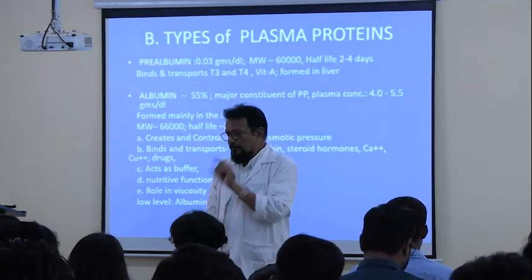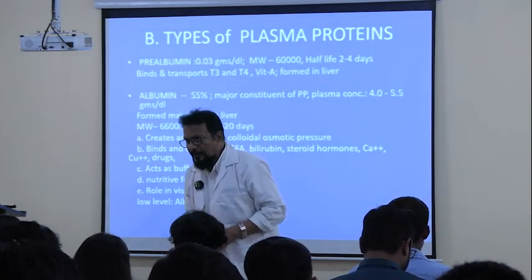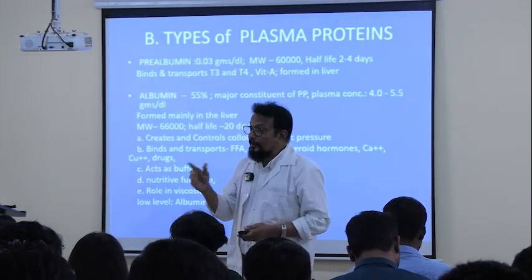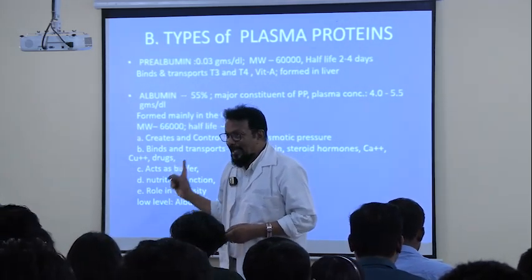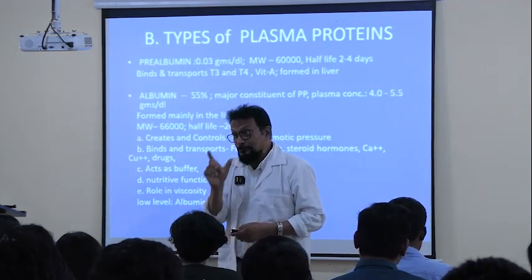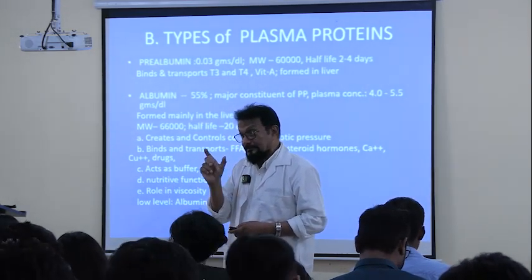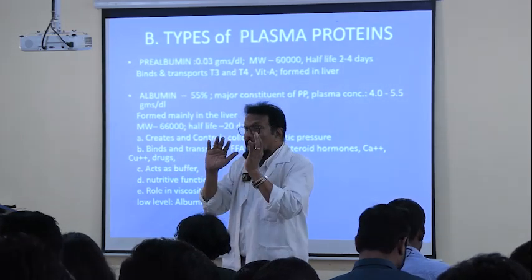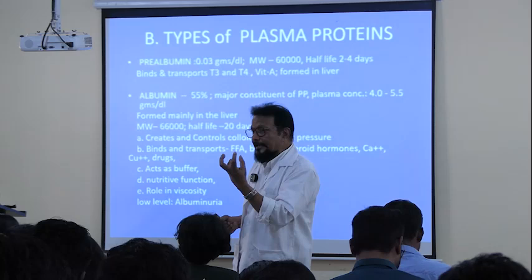The molecular weight of pre-albumin is 60, whereas the molecular weight of albumin is 66. Important: you have to know the molecular weight. It has importance. The higher the molecular weight, the larger the size of the molecule.